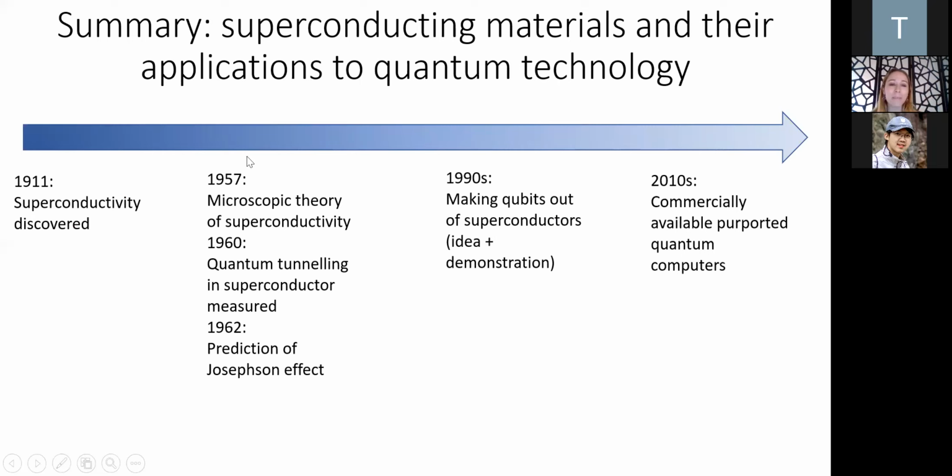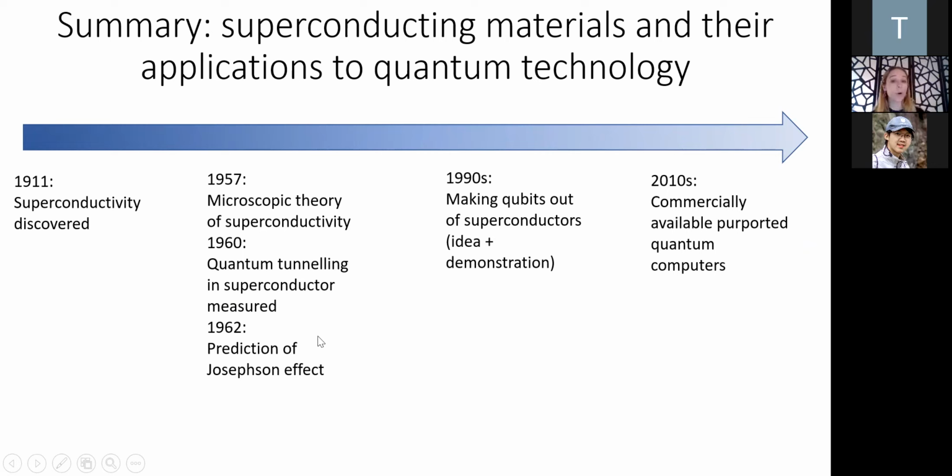And in the same time period that the microscopic mechanism of superconductivity, at least for superconductors we understand, was put forth, that was also where the scientific basis for many of the devices that make use of superconductors' quantum nature was put forth. So, for example, specifically, quantum tunneling was measured in the 60s, and the Josephson effect was predicted in the 60s as well.